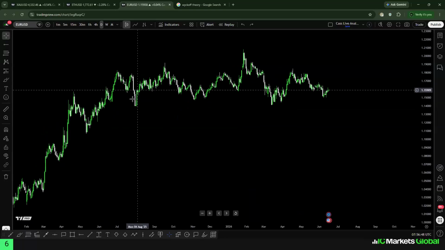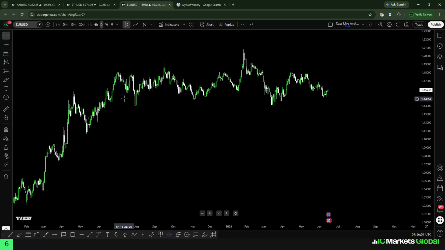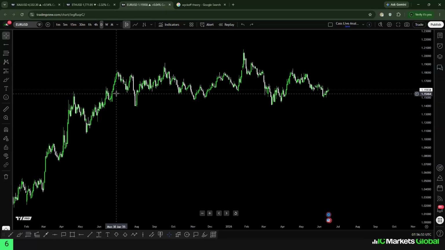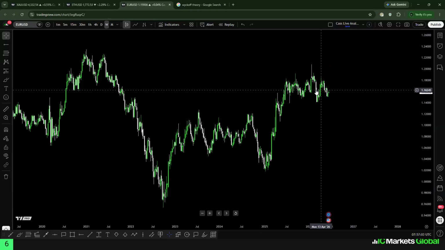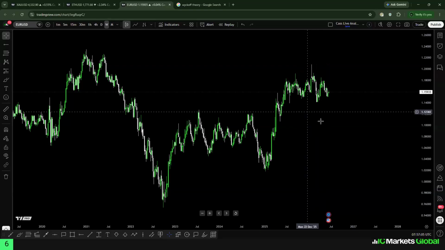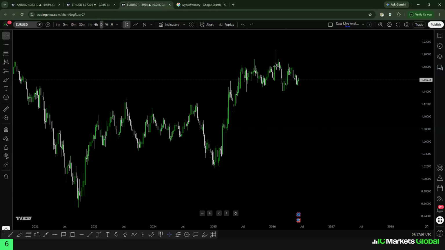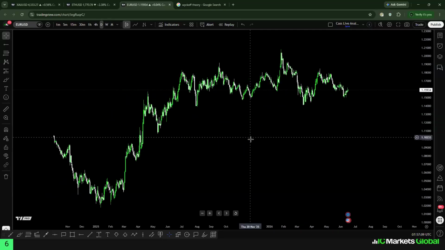It's been going sideways since the 30th of June 2025. It's been going sideways for almost a year now. Remember, this is a weekly time frame. This is a daily time frame.